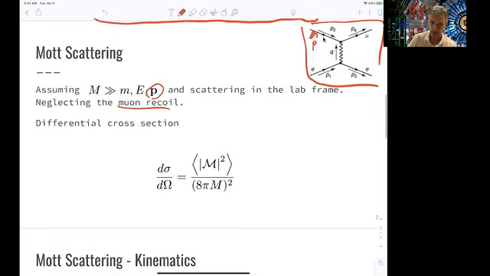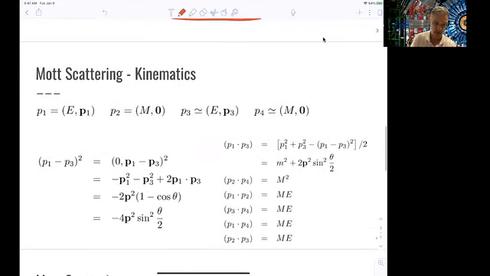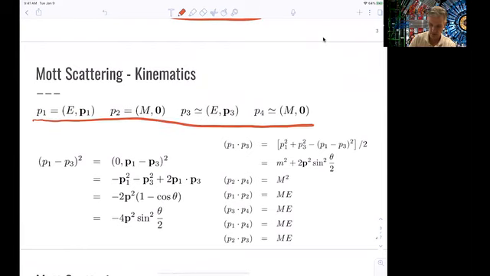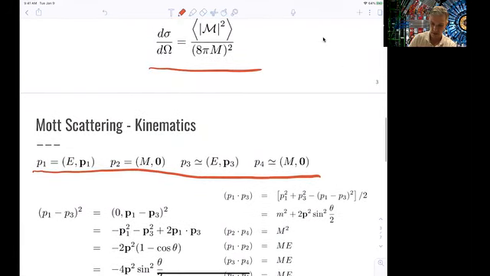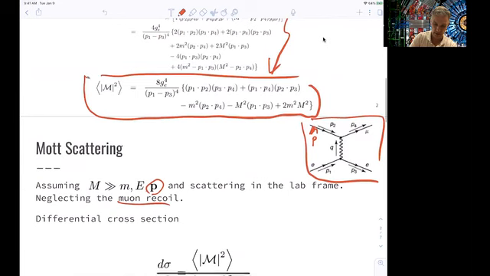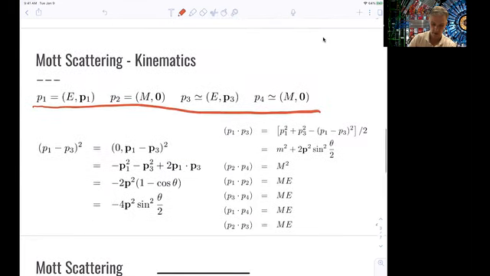If we do that, we can then write the differential cross-section using Fermi's golden rule as the spin averaged matrix element squared divided by 2 pi m squared. If you then use this kinematic information, you start from this matrix element and use those 4-vectors for the momenta of the first, second, third, and fourth particle.